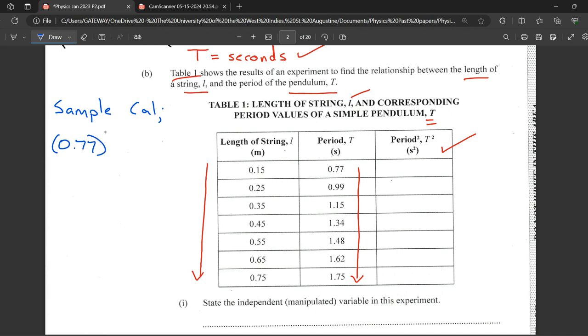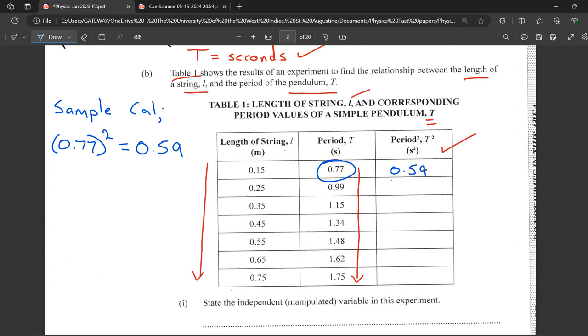You need to square this, because 0.77 is T. If you square that in the calculator, you get T squared, which is 0.59. You can put that here.